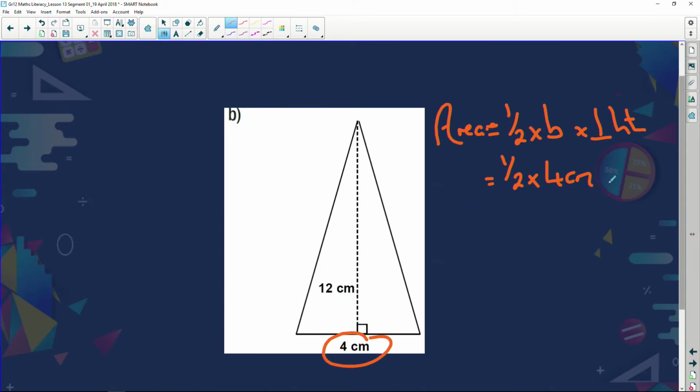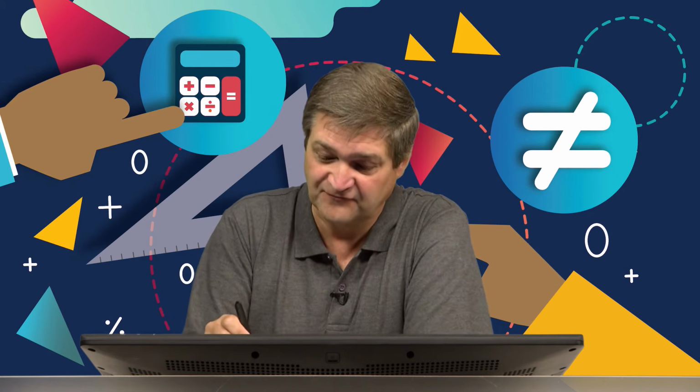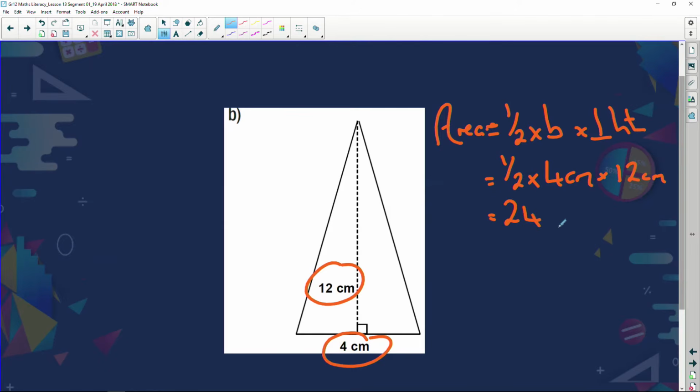My height is 12 centimeters. So I'm just filling in all these values over here. My calculator now we're going to take, and we are going to work that out. And I know, in fact, I don't even need a calculator for this one. A half times 4 is 2. 2 times 12, 24 centimeters squared. Got it? Cool.